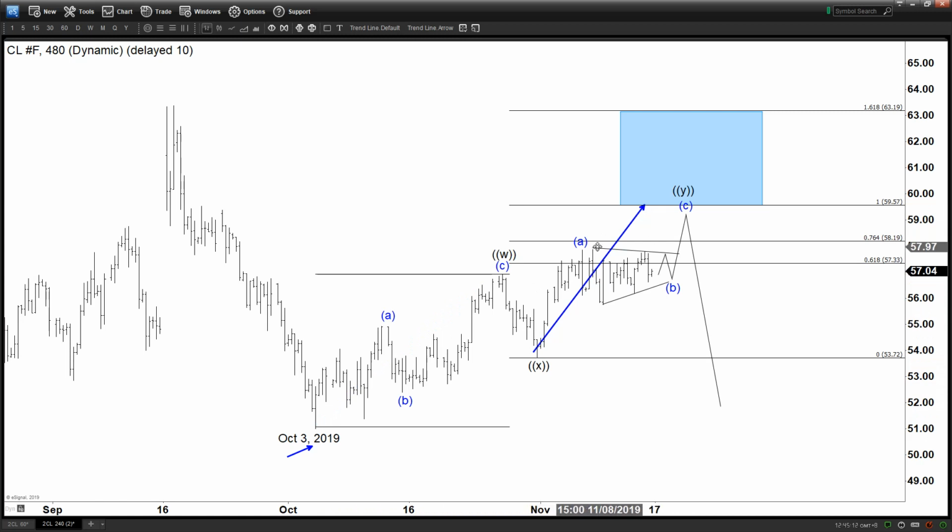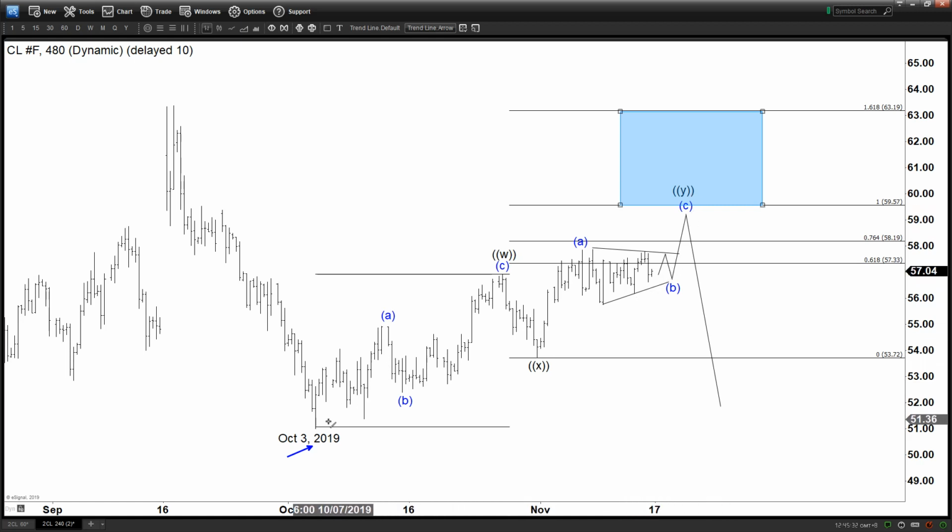Another alternate at this point is that this is a diagonal 1, 2, 3, 4, 5, but then we have a sideways consolidation here, which is usually a continuation pattern, so most likely it's going to go higher.